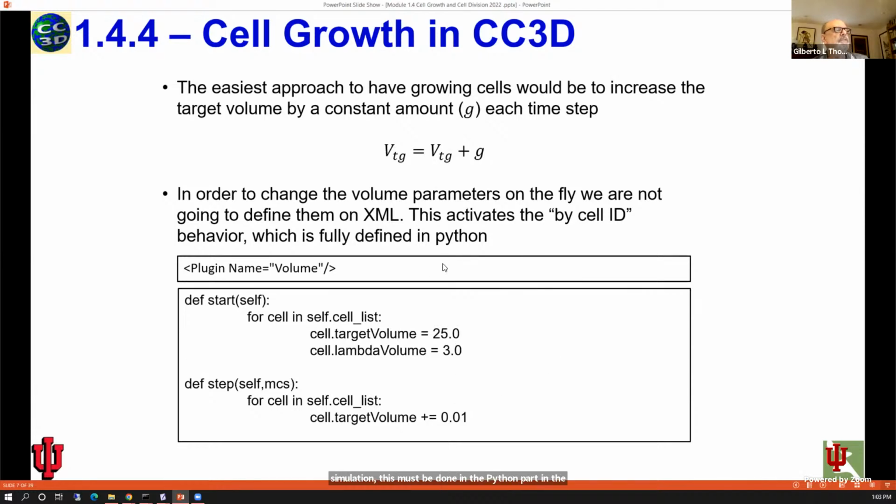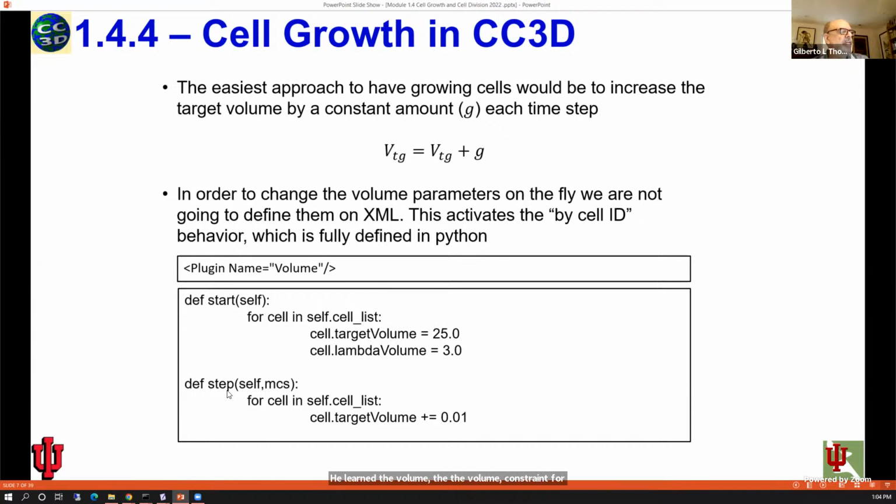Now, this first box here shows you the volume plugin name that is added to the XML file. And the second box is the place in the steppable file where you define the initial values for volumes, target volumes, and lambda volume, the volume constraint for the plugin.